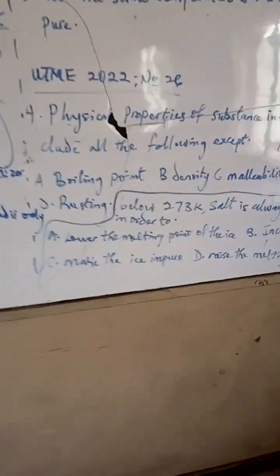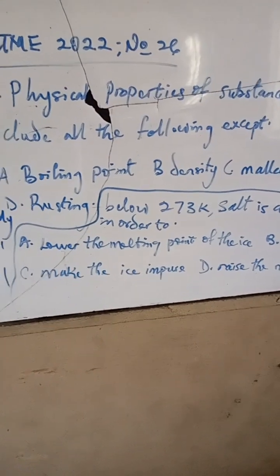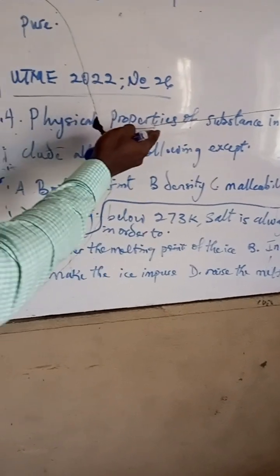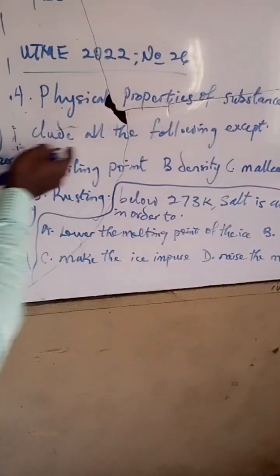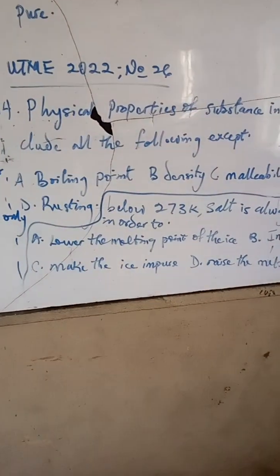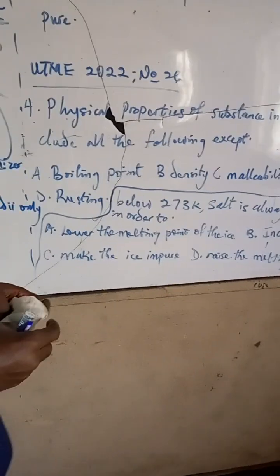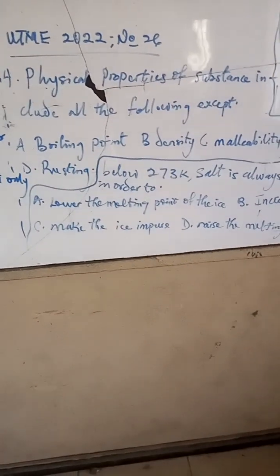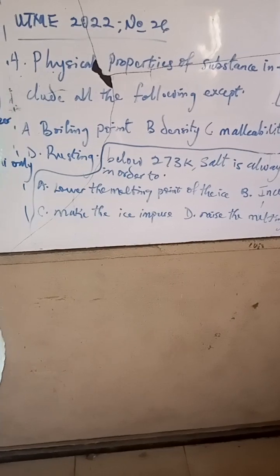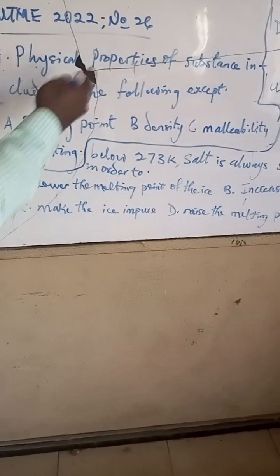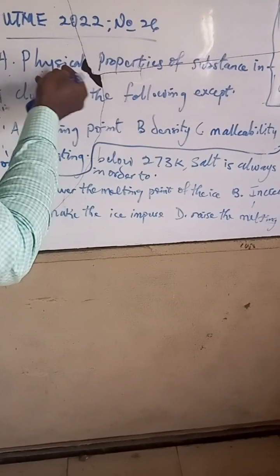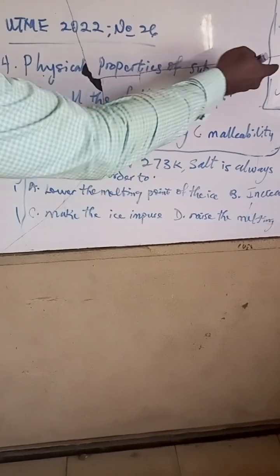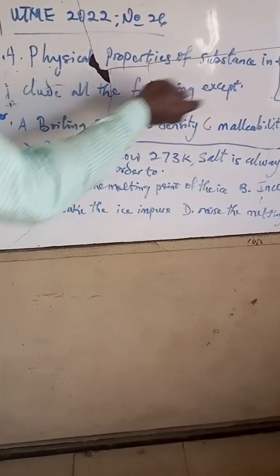This one is picked from 2022, last year, number 26. The question is, physical properties of a substance include all the following except.